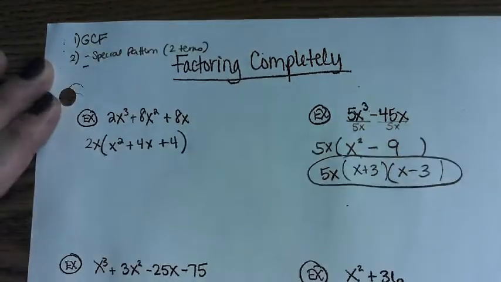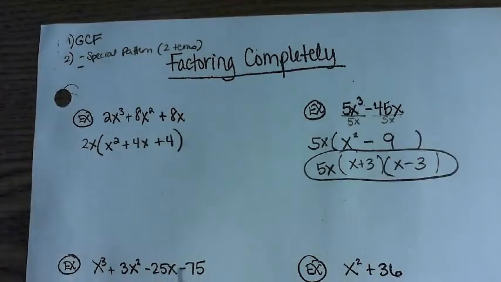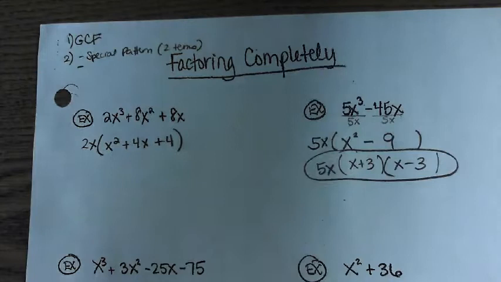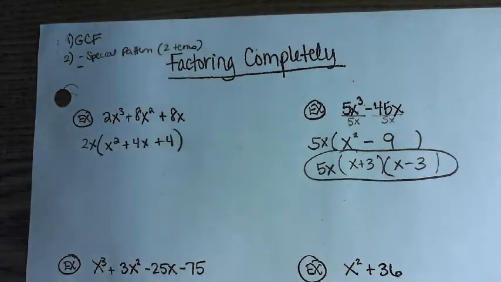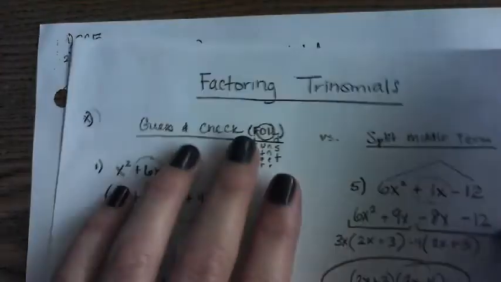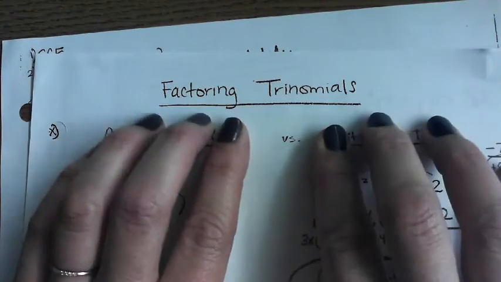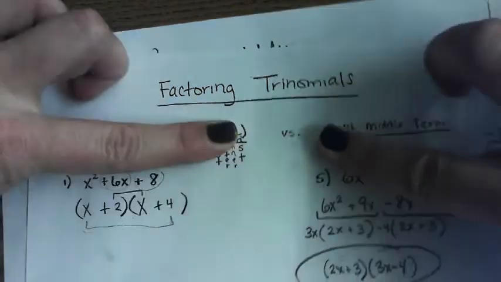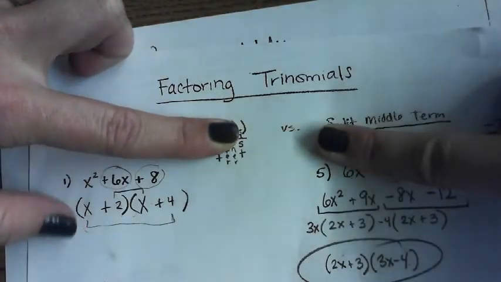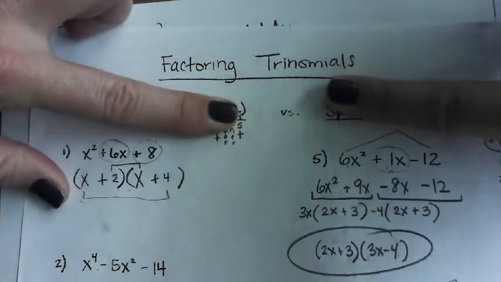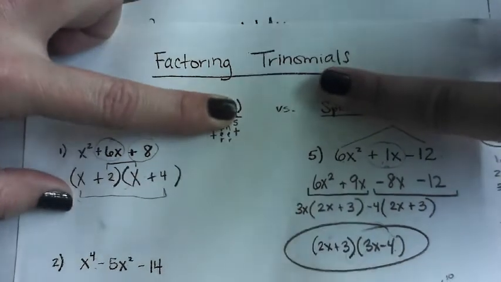If it's 3 terms, what do we call the strategy there? What do we call this method when we're factoring trinomials? Oops, I just showed it to you. What do we call this method on the left? Guess and check.